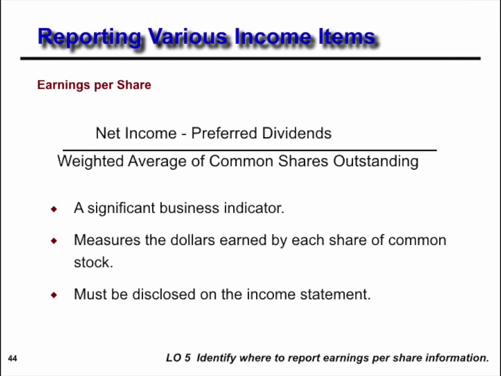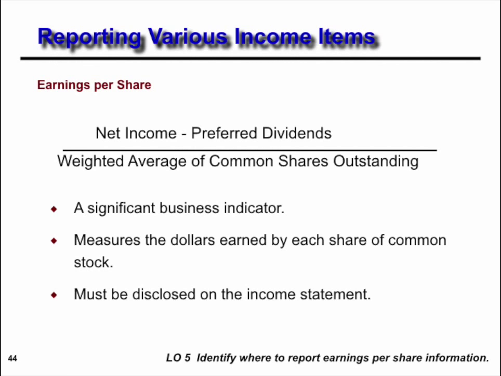Obviously, this calculation is heavily influenced by how many shares are outstanding. Thus, a larger company will have to split its earnings among many more shares of stock compared to the smaller company. The formula is earnings per share equals net income minus preferred dividends divided by weighted average common shares outstanding.